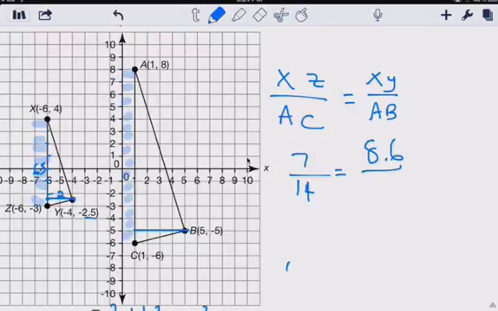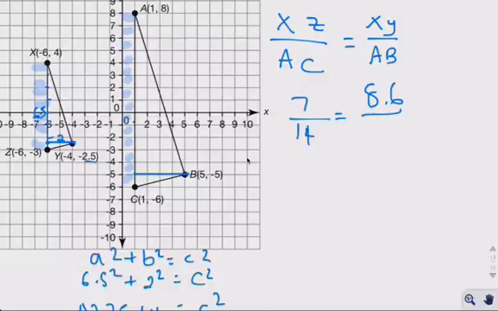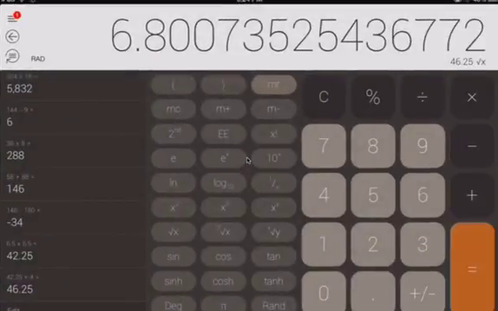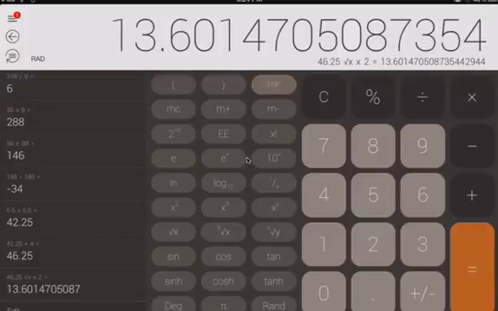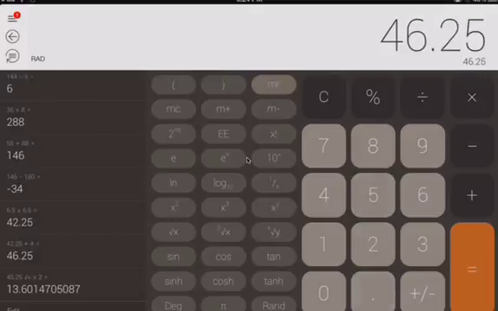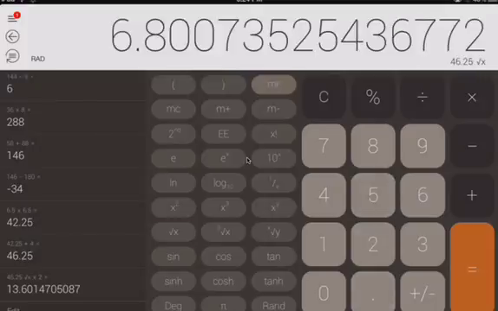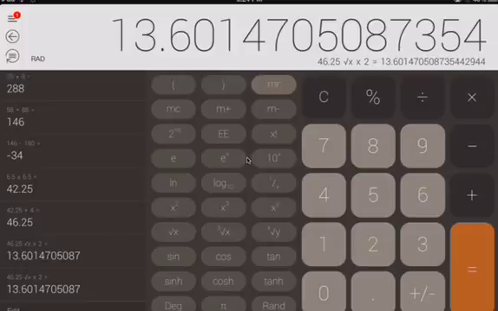So, 8.6 times 2. Hold on a second. 8.6 times 2 is 17.2.